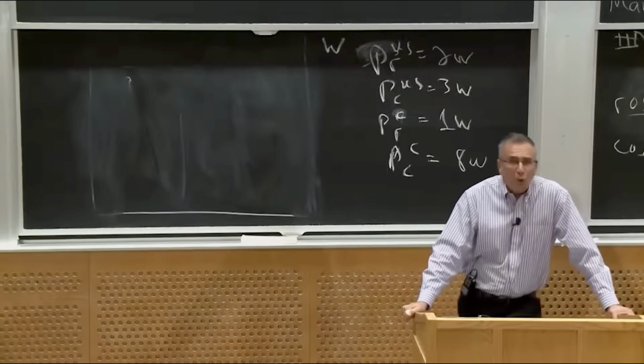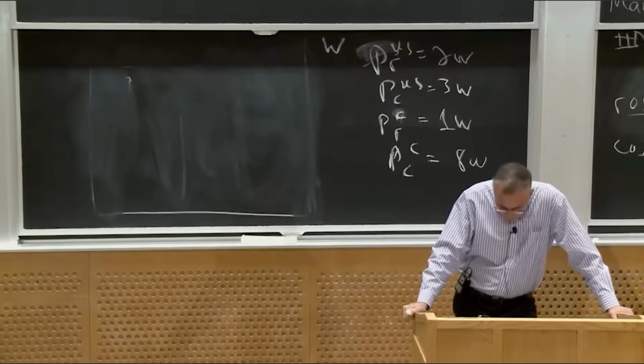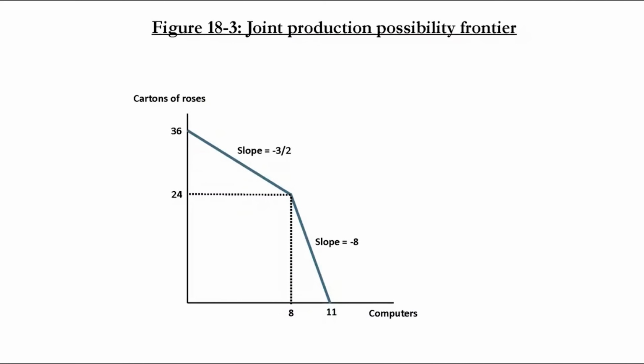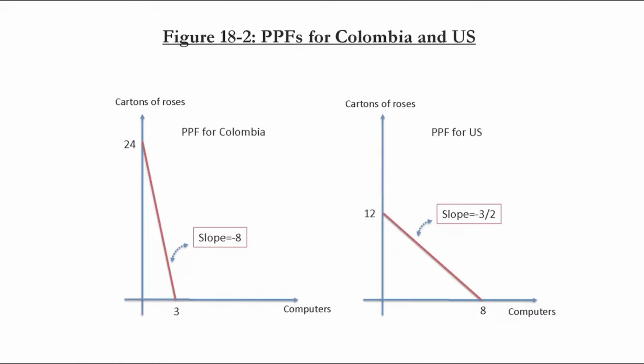If both countries only produce roses, they set their workers to work 24 hours a day producing roses, then we end up with 36 roses. How do we know that? Well, look at figure 18.2. 24 in Colombia, 12 in the US. If both countries only produce computers, we get 11 computers: 8 in the US, 3 in Colombia.